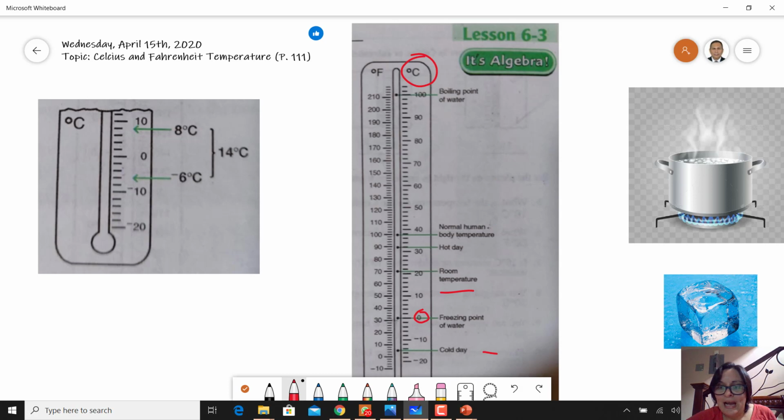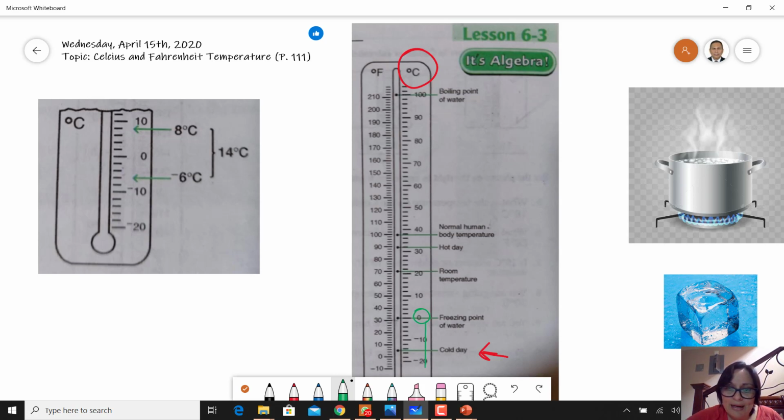So look now, in Celsius degrees, when are you going to have a cold day? Don't count from here to here, because from 0 down, después de 0, que lo tenemos aquí, nosotros comenzamos a contar hacia abajo.